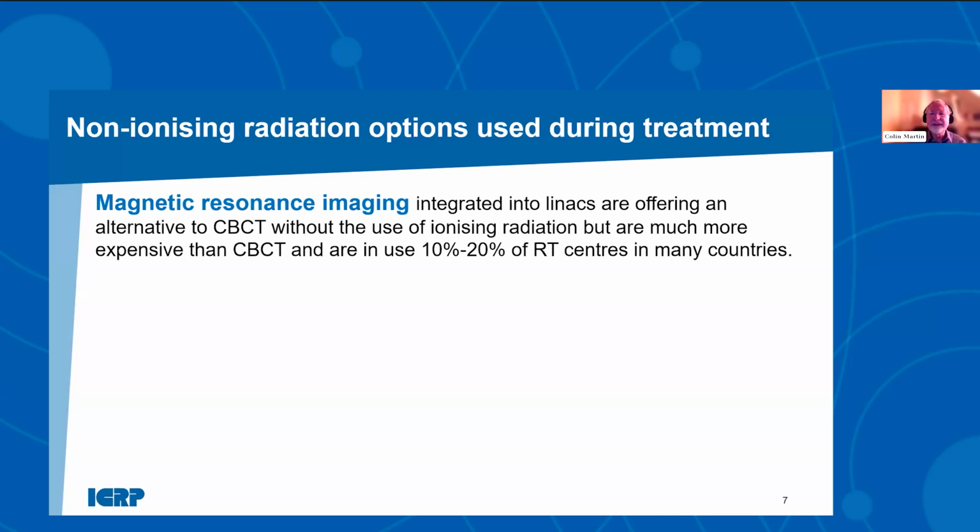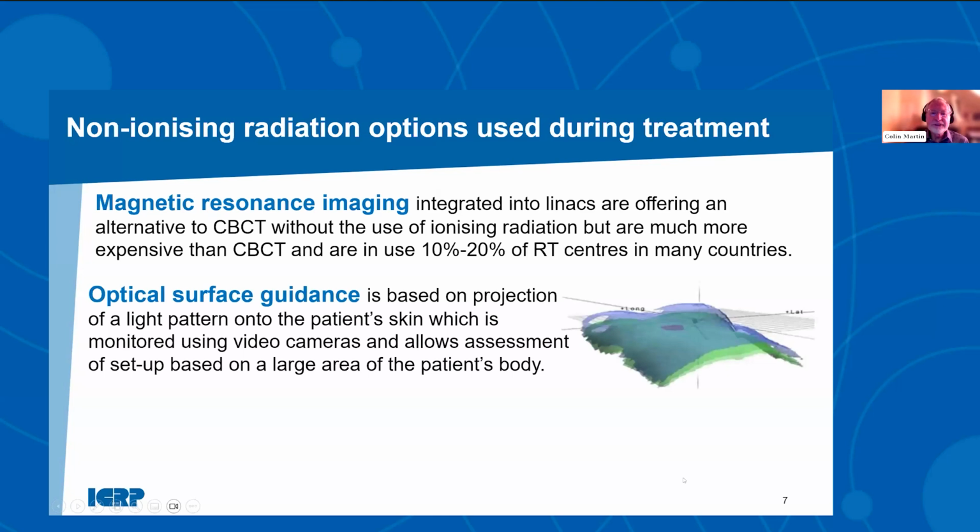So there's a lot of variation in this around the world because it depends on the level of income. Optical surface guidance is based on projection of a light pattern onto the patient's skin, which is monitored using video cameras. And this allows assessment of the setup based on a large area of the patient's body.